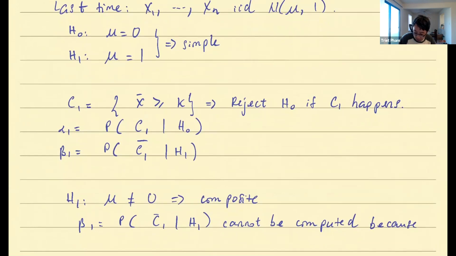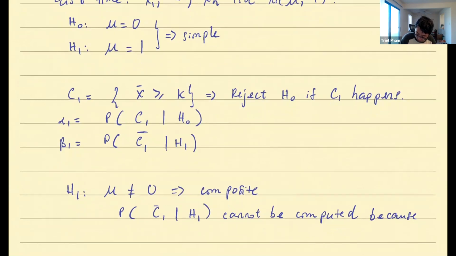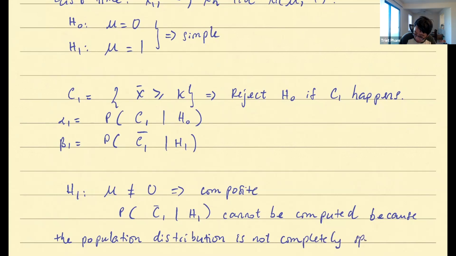Let's say this expression cannot be computed because the population distribution is not completely specified. So that's something we want to keep in mind about the composite hypothesis.